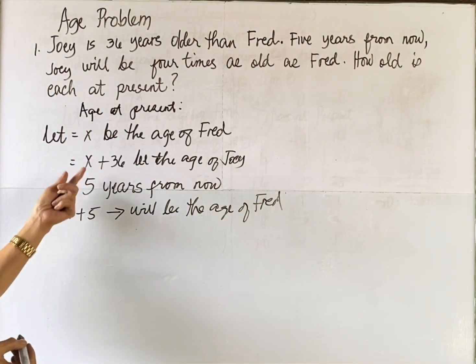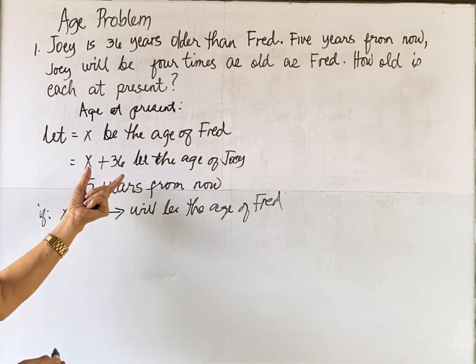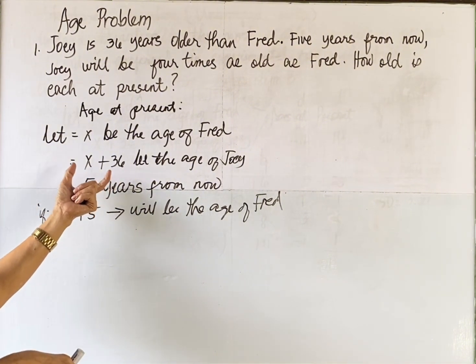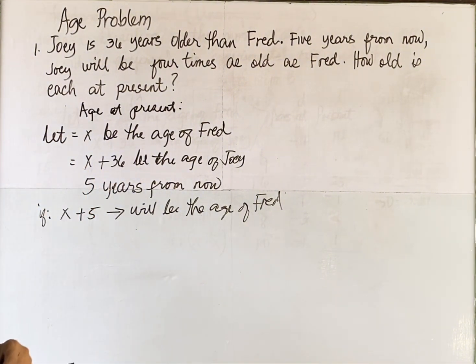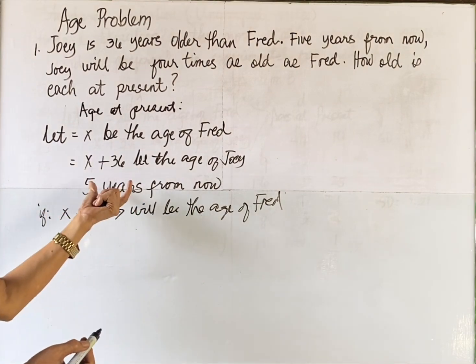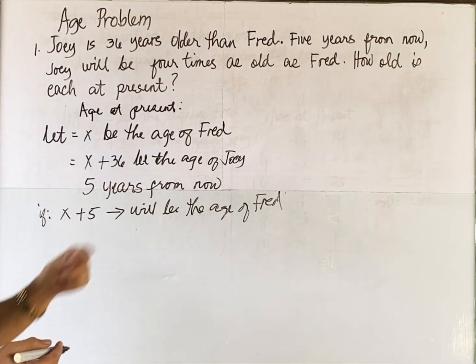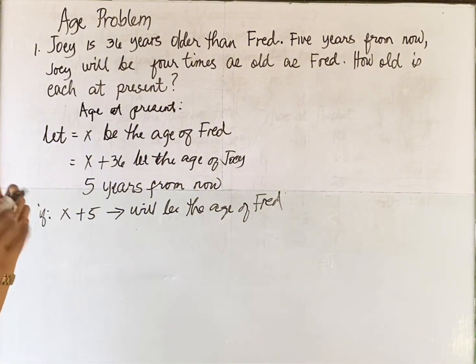And if the age of Joey now is X plus 36, therefore we have to add another 5 years to that age because the given is after 5 years.